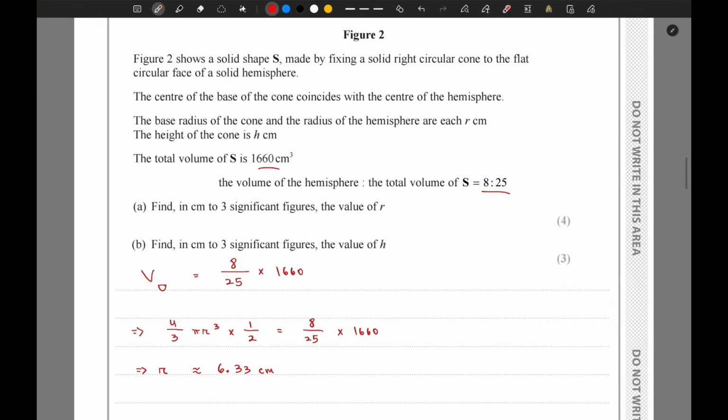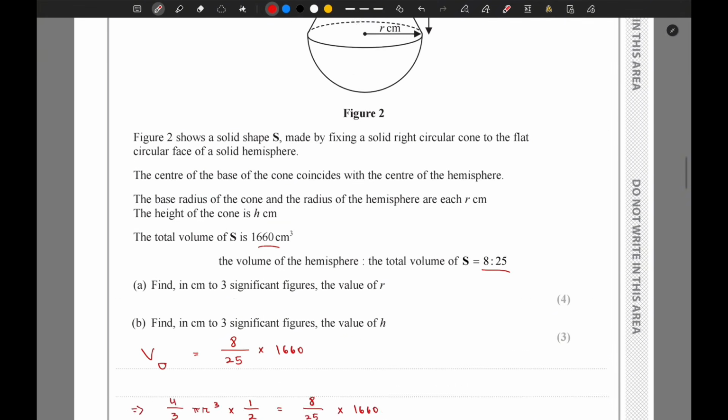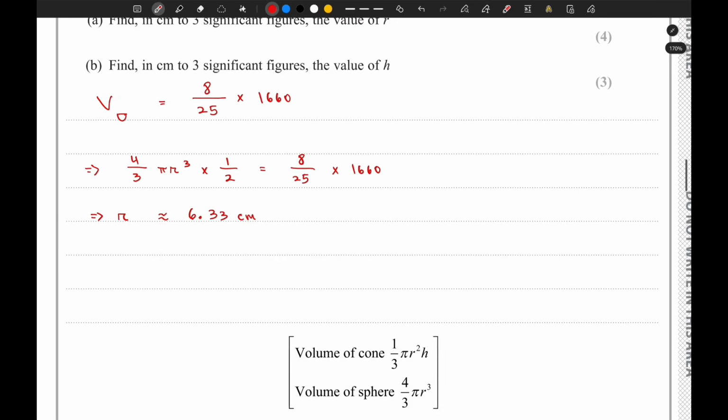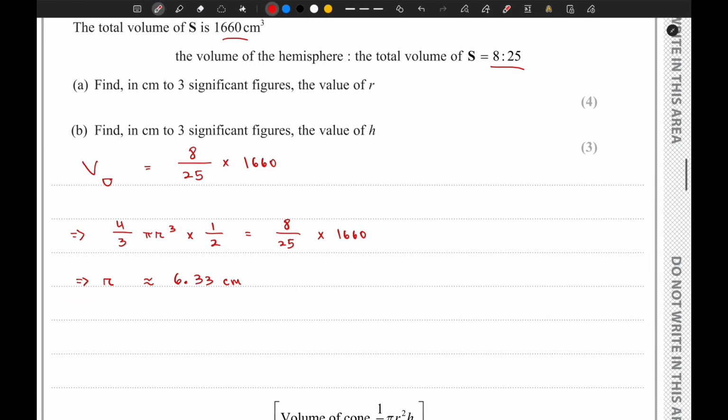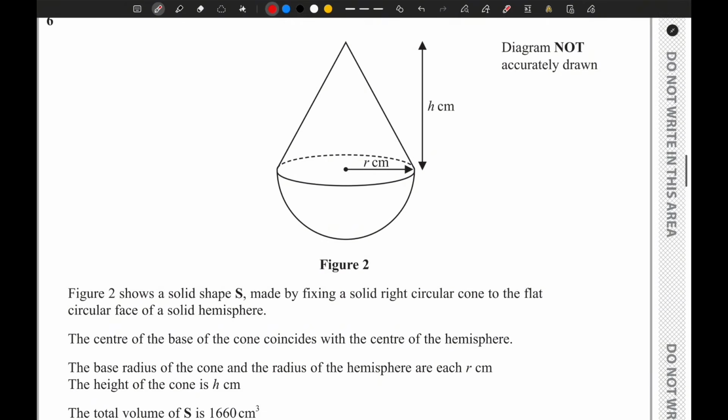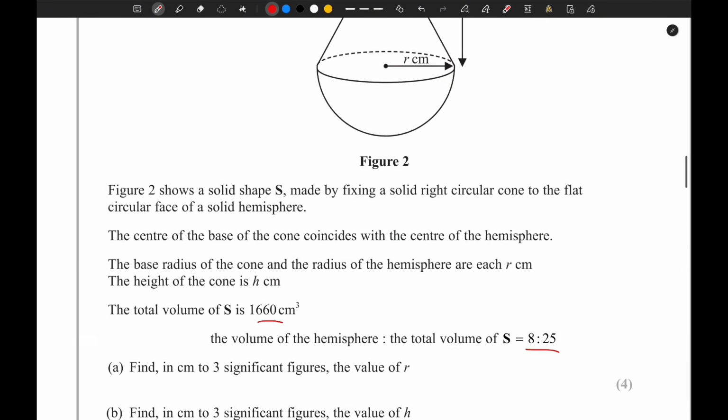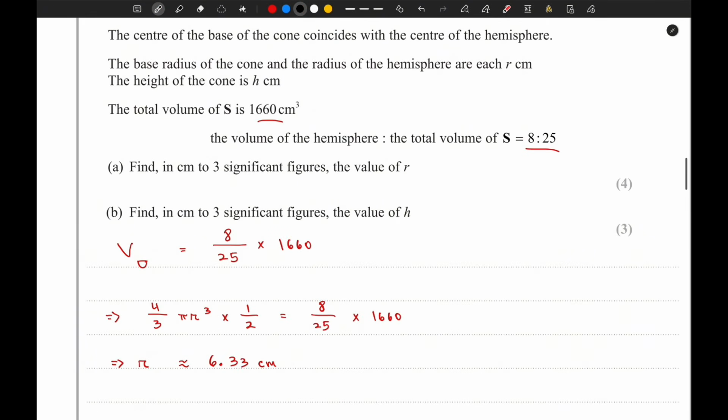Now we need to calculate the value of h. Let's find out the volume of the cone. We know that the volume of the hemisphere is 8 over 25 times 1660, which is 531.2, and the total volume is 1660.